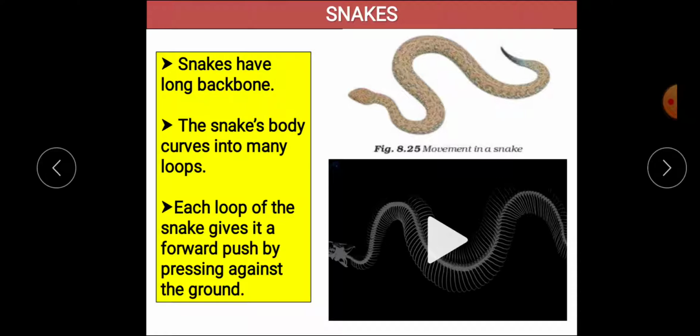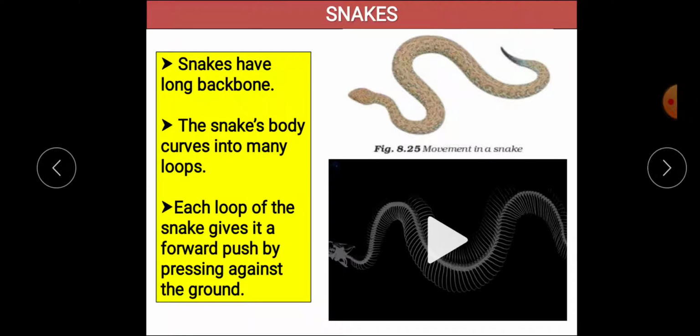Like us, a snake also has a backbone, but the backbone of the snake is very long and it has several muscles attached to its backbone, ribs and all. The snake's body curves into many loops. Here can you see 1 loop, 2 loops and 3 loops.